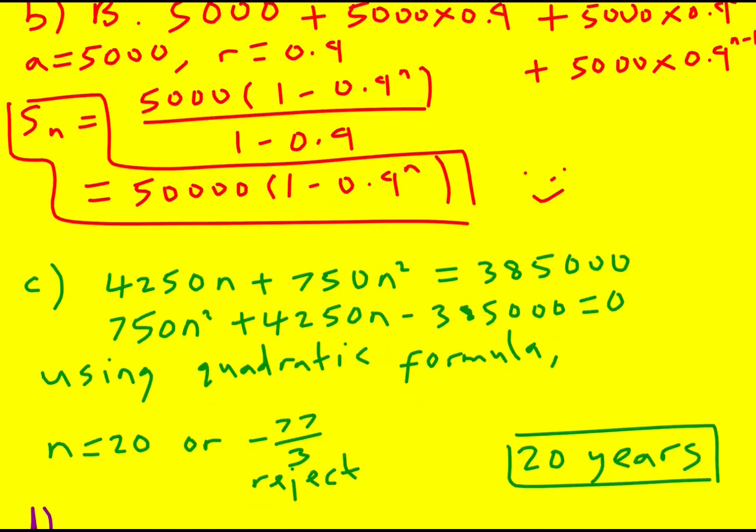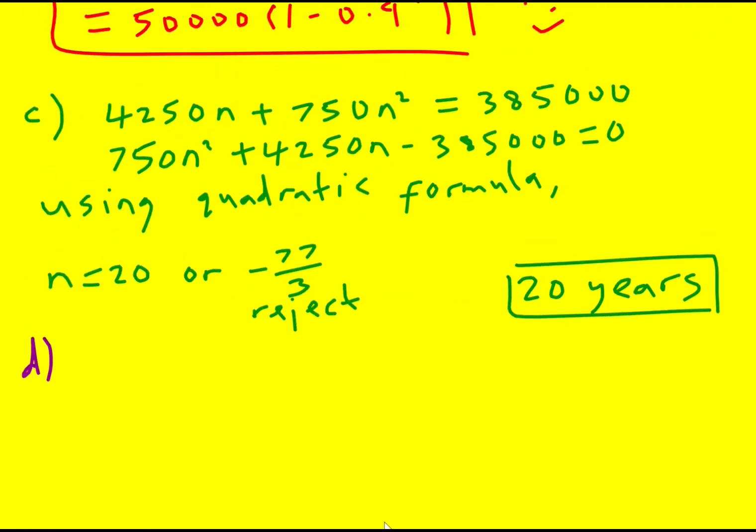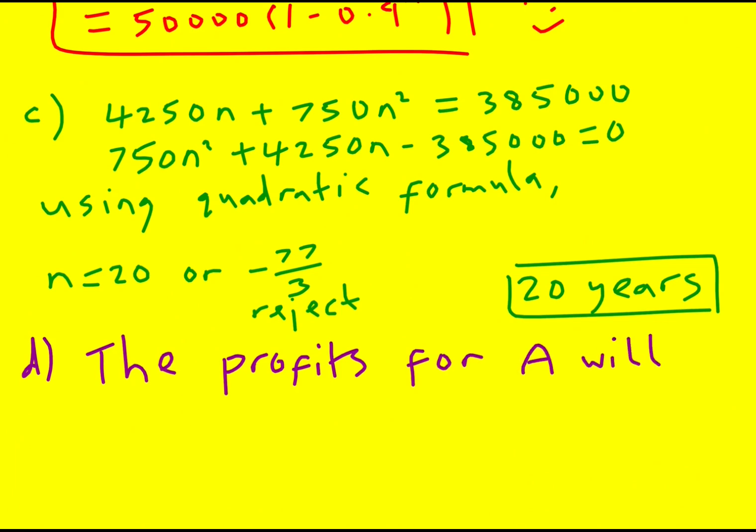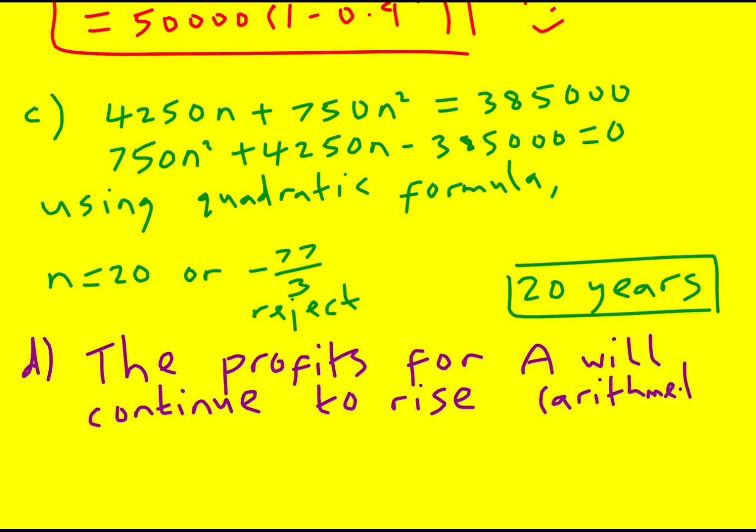So that would be our answer: the profits for A will continue to rise. Remember, it was going up by 1,500 every year. I might just say arithmetic series. That's always going to happen if d is positive.